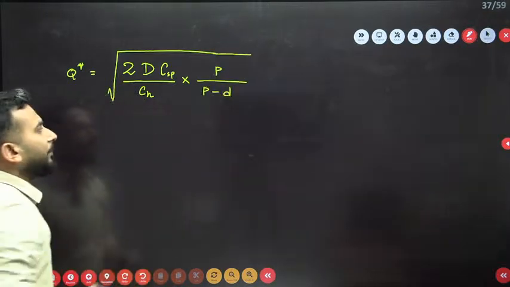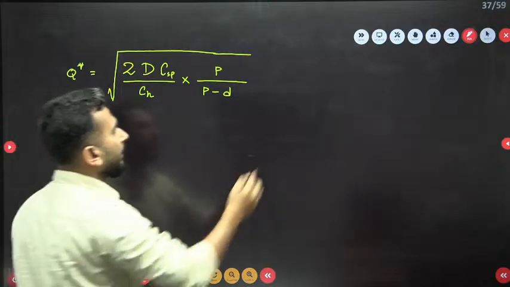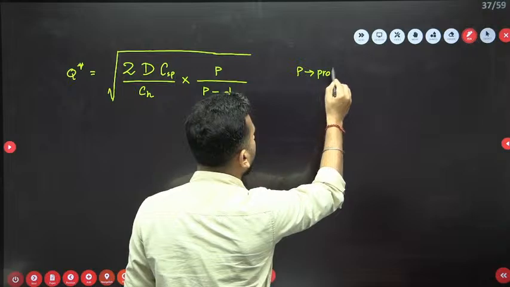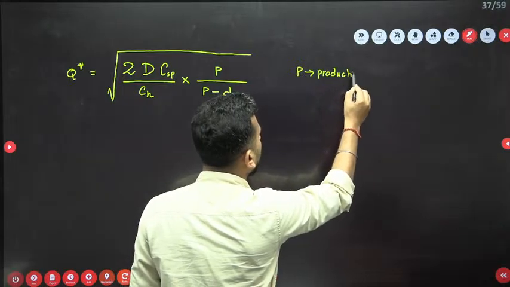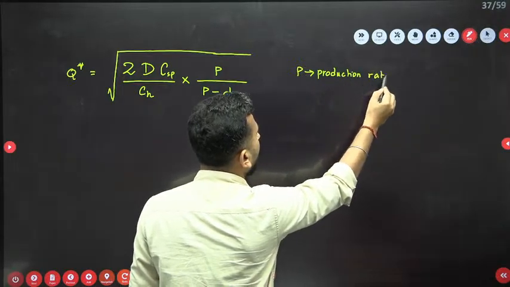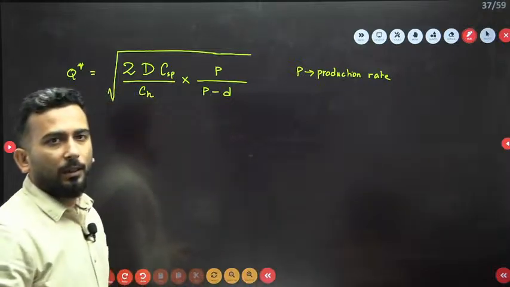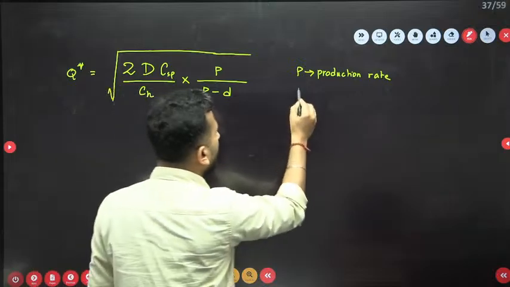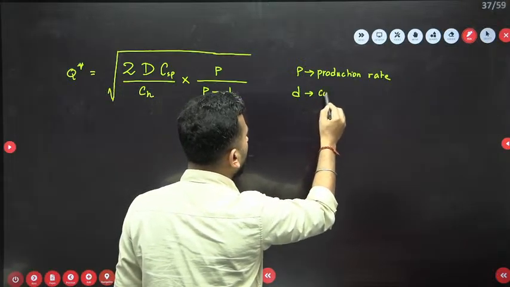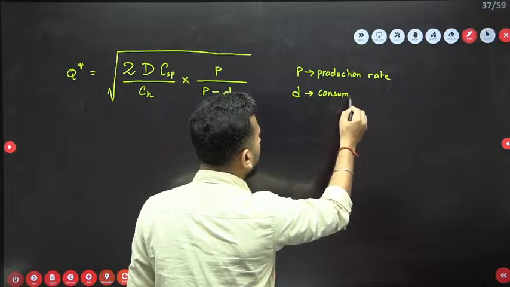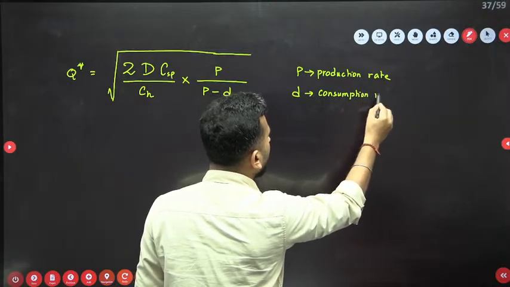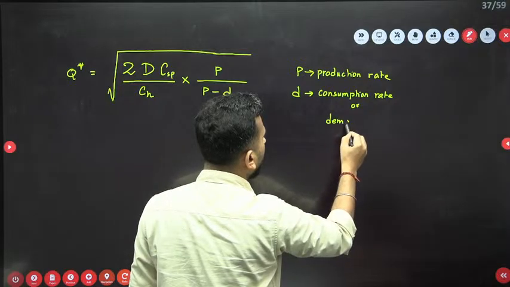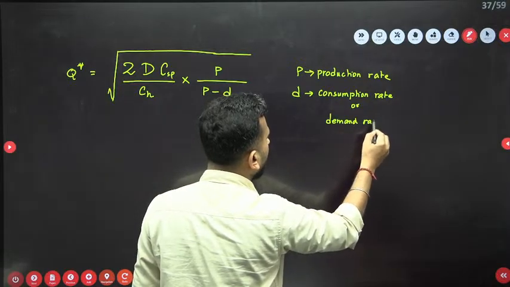But what are P and D? P is the production rate. Remember, whenever I am saying rate, there will definitely be time, for example per year or per month or per day, whatever. And the same unit should be used for D, that is the consumption rate, or I can say the demand rate.